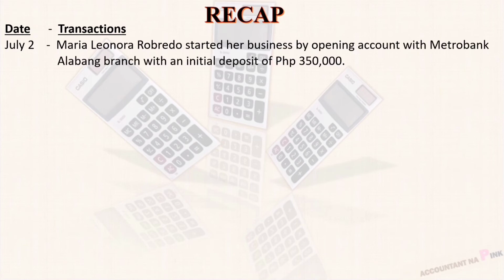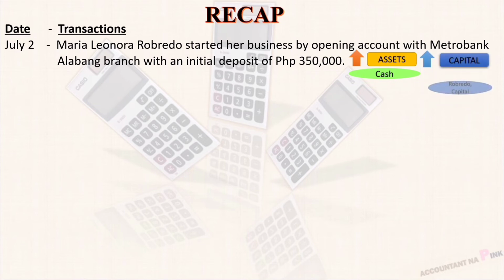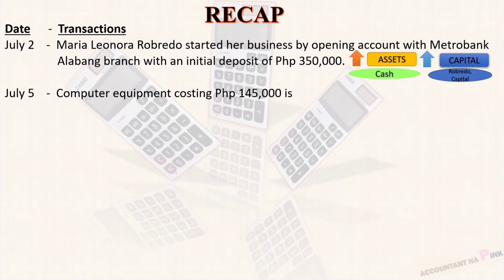Okay, so let's do some recaps. July 2, Robredo started her business by opening an account with Metrobank Alabang branch with an initial deposit of 350,000 pesos. So the effect is assets increase, while capital also increased by the establishment of the initial investment. Then July 5, computer equipment costing 145,000 pesos is acquired on cash from Abenson.